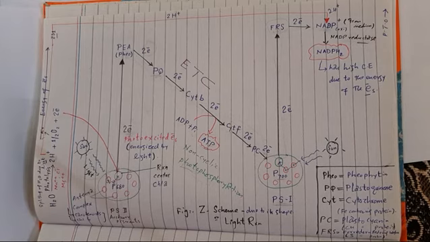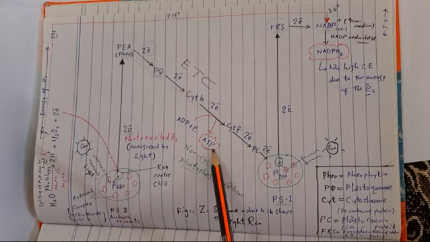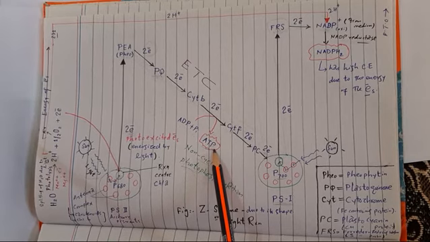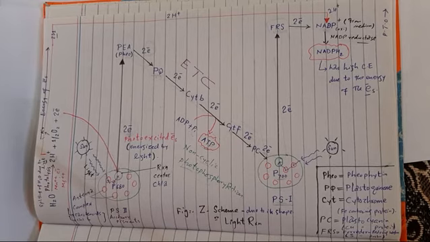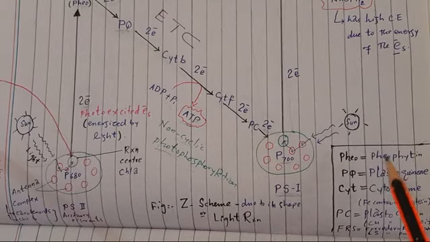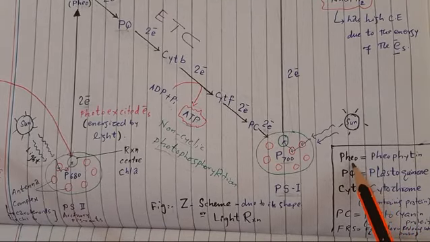This transport of electrons is called non-cyclic electron transport because electrons do not move in a cycle, and the ATP synthesis during this non-cyclic electron transport is called non-cyclic photophosphorylation.